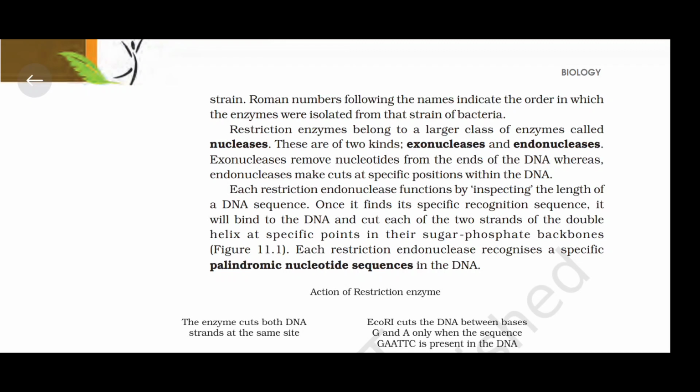Each restriction endonuclease functions by inspecting the length of a DNA sequence. Once it finds its specific recognition sequence, it will bind to the DNA and cut each of the two strands of the double helix at specific points in their sugar-phosphate backbones. Each restriction endonuclease recognizes a specific palindromic nucleotide sequence in the DNA.